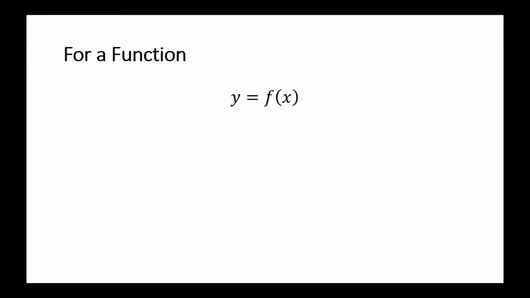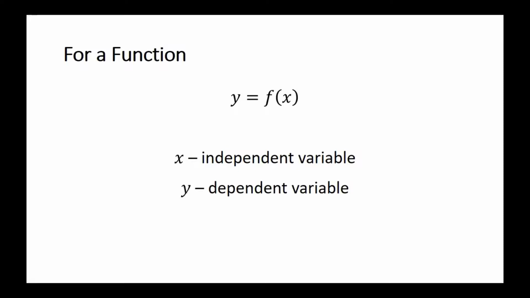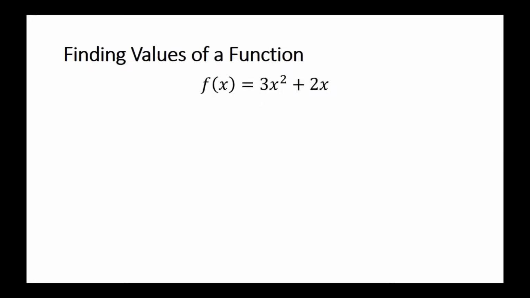So if we have a function y equals f of x, x would be considered the independent variable, the input, right? It's independent of anything else. I can put any value I want in for x. And when I do that, y becomes the output. It is the dependent variable. Depending on what value I put in for x, we will get a certain output y.